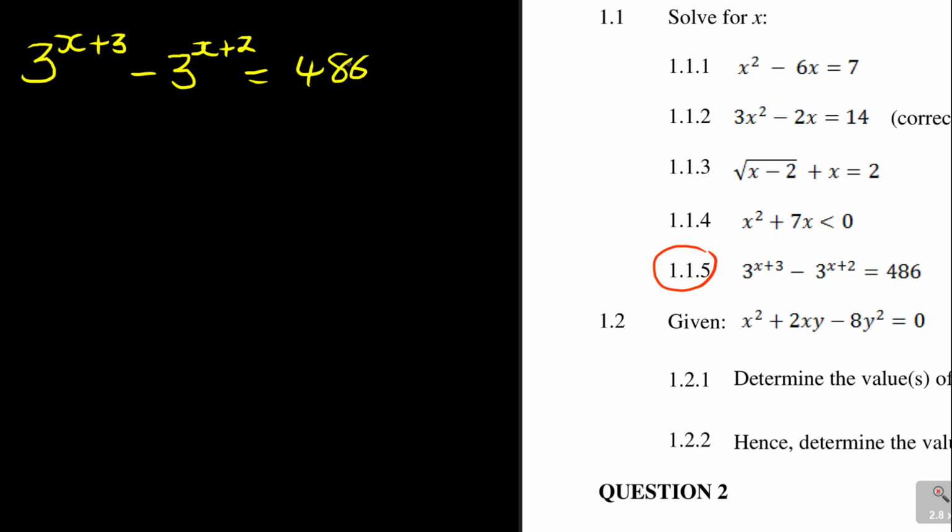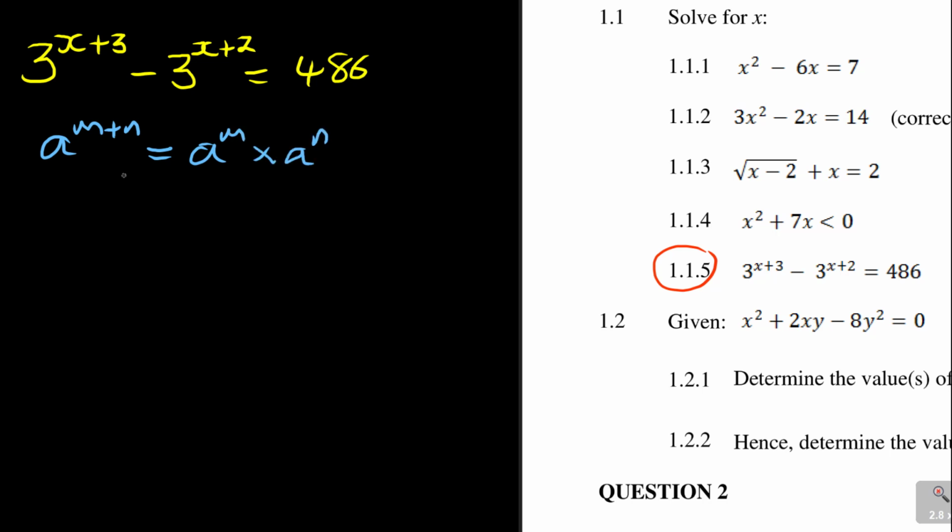Now, these questions, the way they give them to you, they have something similar, common. There's something about them. But now, look at this. How do you approach this in a simpler way? We use this law of exponents, which says, if you are given, for example, a to the power m plus n, such as 3 to the power x plus 3, similar to that, there is a law which says, if these exponents are adding, you have got a to the power of m times a to the power of n.